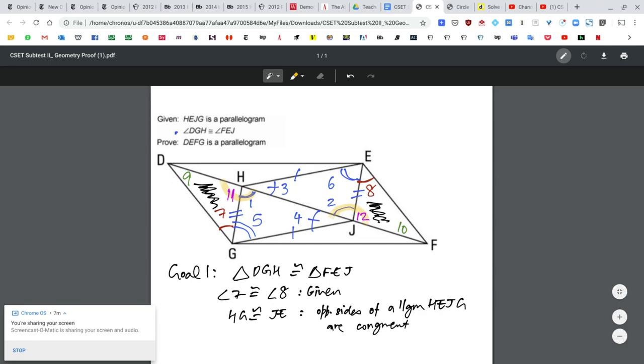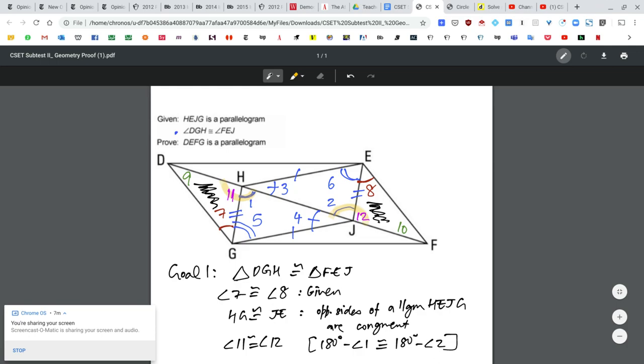And then finally, we can demonstrate that angle 11 is congruent to angle 12, because 180 degrees minus angle 1 should be congruent to 180 degrees minus angle 2. So we know that angle 11 equals angle 12.